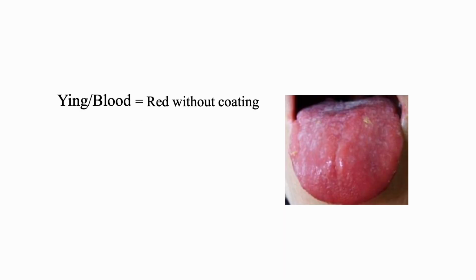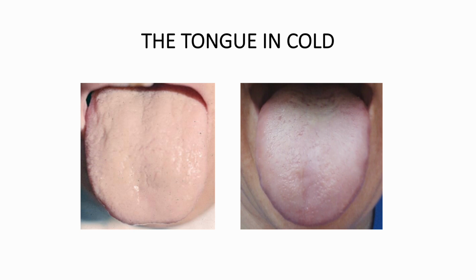At the nutritive qi and blood levels, the tongue is red and dry without a coating because at these levels, the fire has injured yin. Cold affecting a yin organ will manifest primarily on the tongue body color, which becomes pale. For example, spleen yang deficiency commonly manifests with a pale tongue.